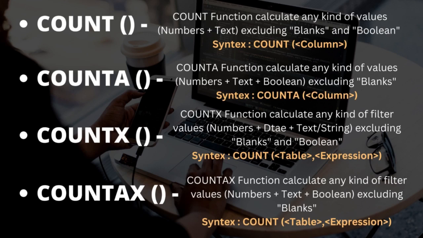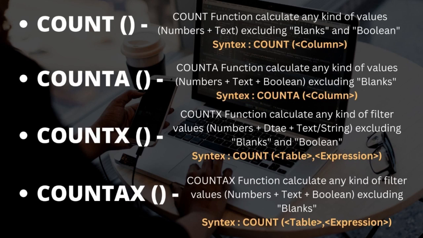It means the COUNT DAX function counts the rows of a particular column that contain numbers, dates and string data type values. It will not take into consideration those rows which contain blank and boolean data type. Here you can see the syntax of the COUNT DAX function is COUNT, then inside the bracket you have to pass the column name, right? So this is about the COUNT DAX function.